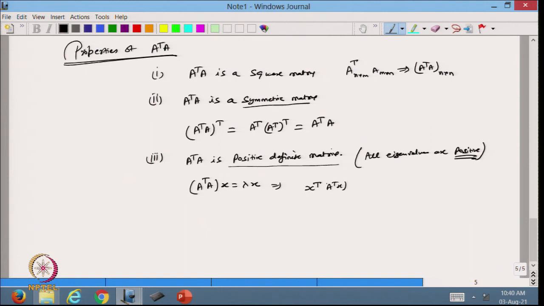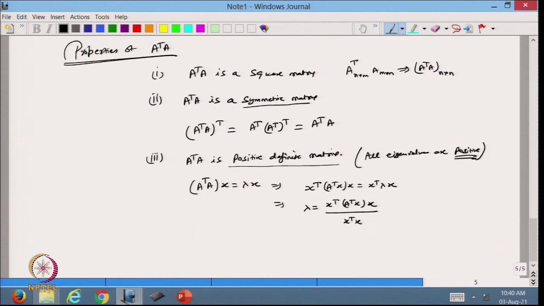So, x transpose A transpose A x equals x transpose lambda x, where lambda is the eigenvalue, and from here I can write that lambda will be x transpose A transpose A x over x transpose x.